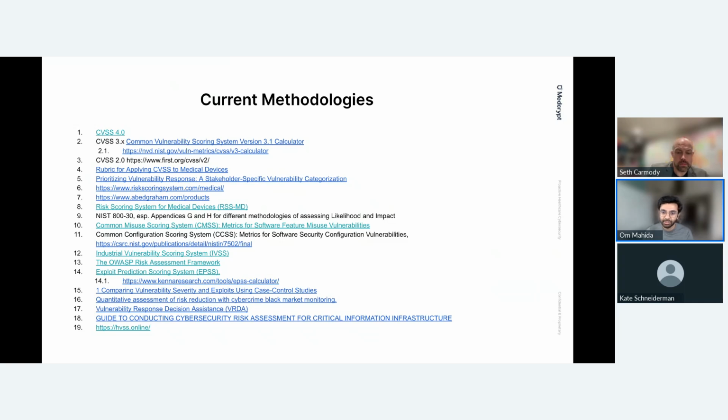I think a lot of us hope there will be a magic solution sometime soon. There's a lot of momentum behind CVSS4 and having better metrics to influence what the vulnerability risk is. But I think it's still an evolving and unsolved problem, and as an industry we have to handle it like that.